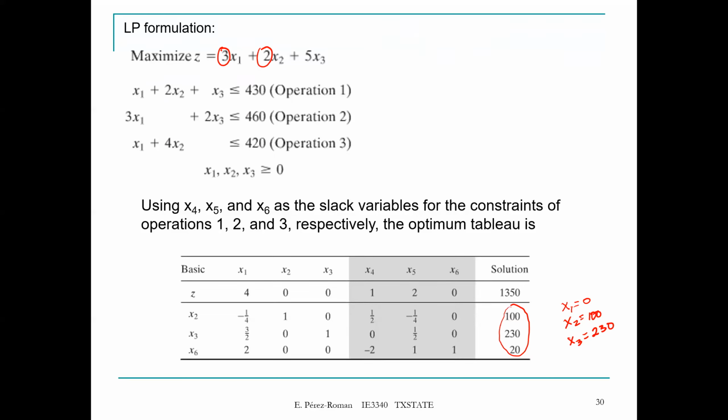So there has to be a reason for that. And the reason is connected to the amount of resources that you need per operation. If producing product one costs you more than what you get in terms of revenue, then the model will tell you, no, you should not produce that product.